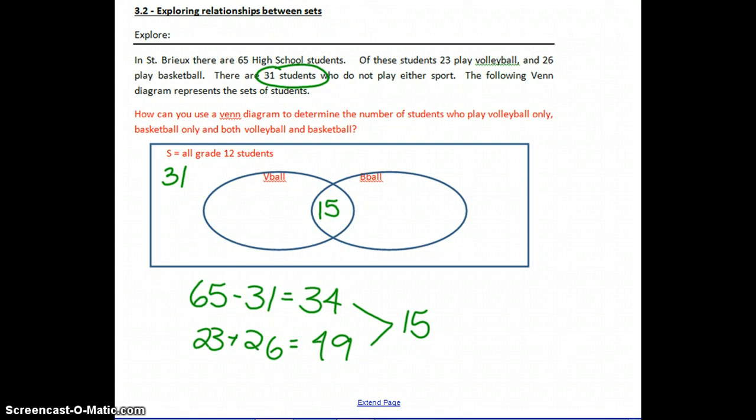So now if 15 play both volleyball and basketball, that means 23 minus 15, or 8 students, only play volleyball. And for basketball, that means 26 students minus the 15 who play both, or 11 students play only basketball. So there's just one way of organizing this information.